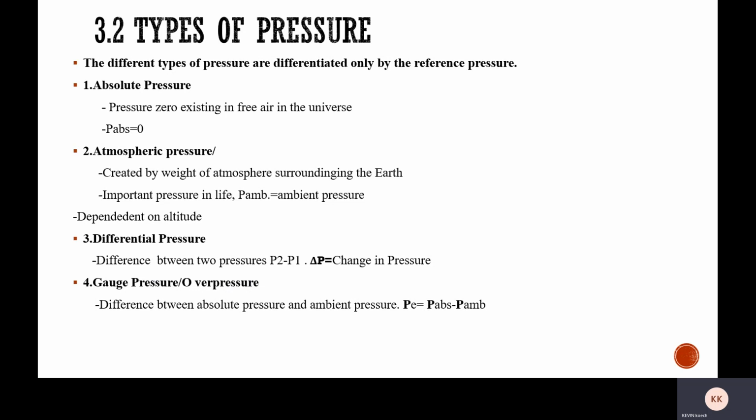So when there are differences, you get what is called exceeding pressure. It is given as pressure subscript E, where E stands for exceeding. So pressure exceeding, or over pressure, or gauge pressure, is pressure absolute minus pressure ambient.